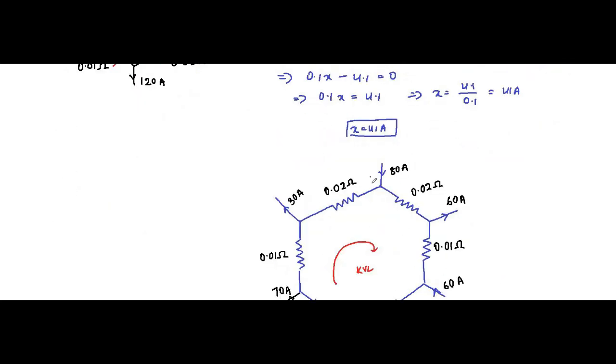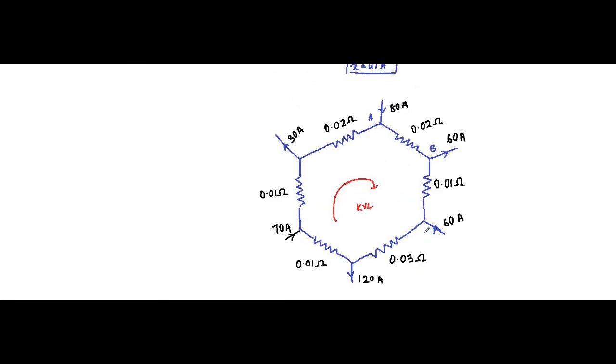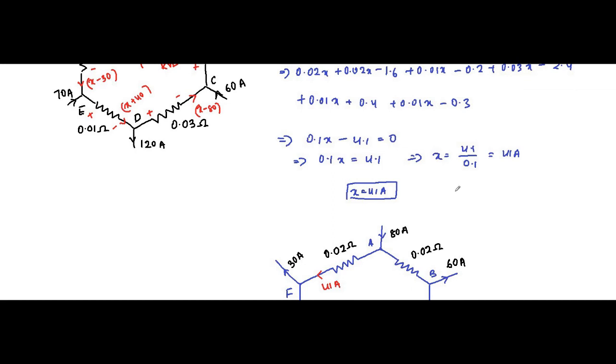If we name the nodes A, B, C, D, this current we got as 41 ampere. The current flowing through AF, IAF, is equal to X, which is equal to 41 ampere.